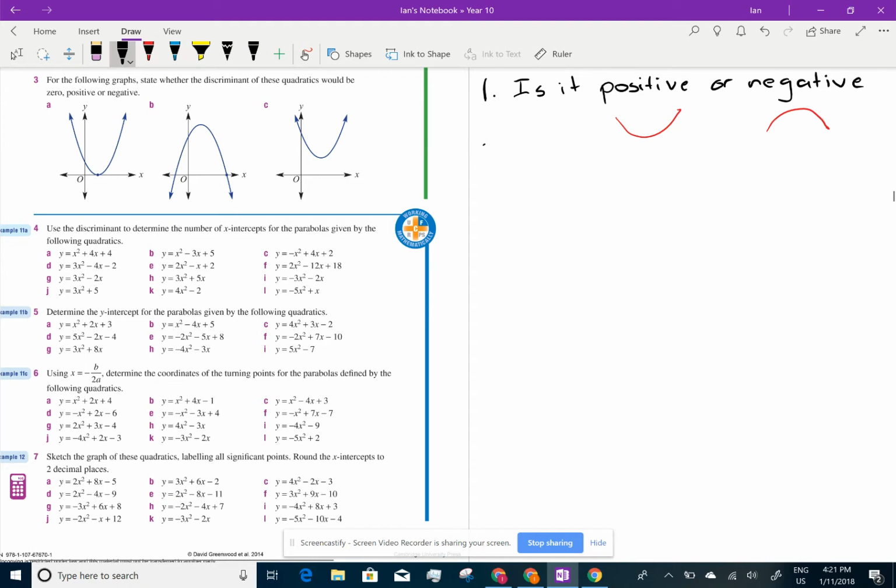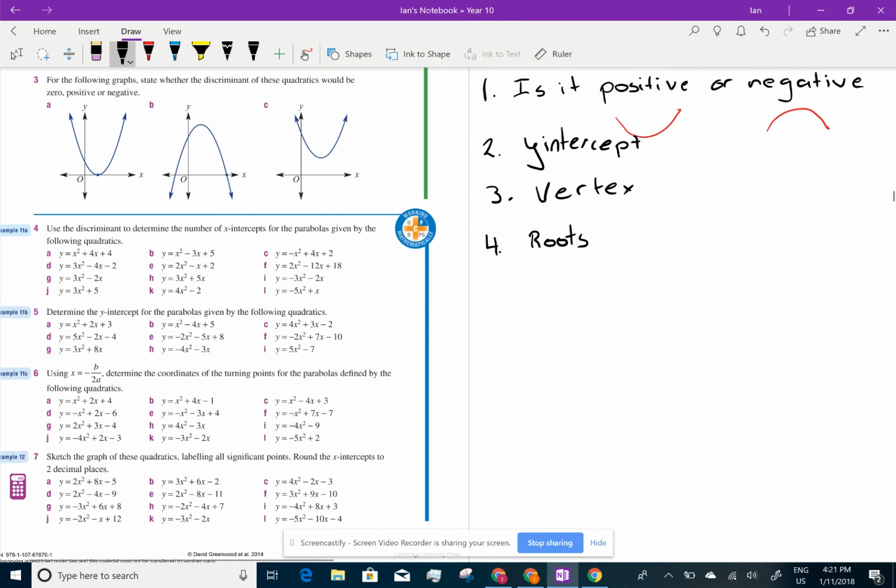Number 2, what's the y-intercept? Number 3, what's the vertex? And number 4, does it have roots? And can you find them?